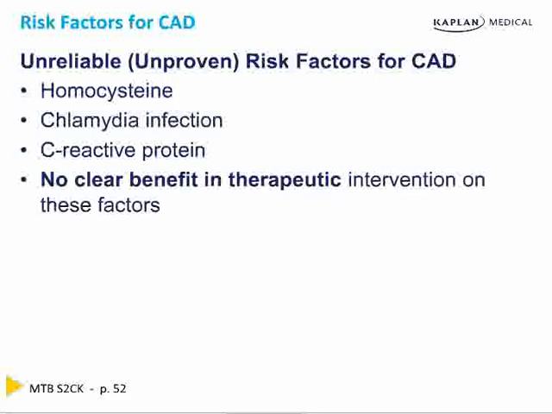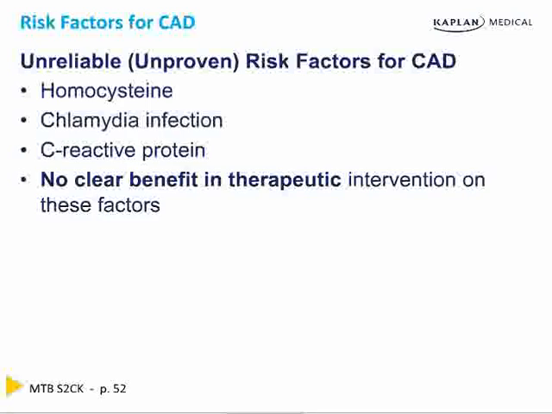C-reactive protein, well, we do know that's an inflammatory marker, but the key issue in all these risk factors is we simply don't know what to do about them. There is no clear benefit in therapy on any of them. So if they're elevated, they're abnormal, what do you do about it? Nobody knows, so that's why they're not clear. See, LDL is clear. Coronary disease and LDL above 100, clear. Statins.